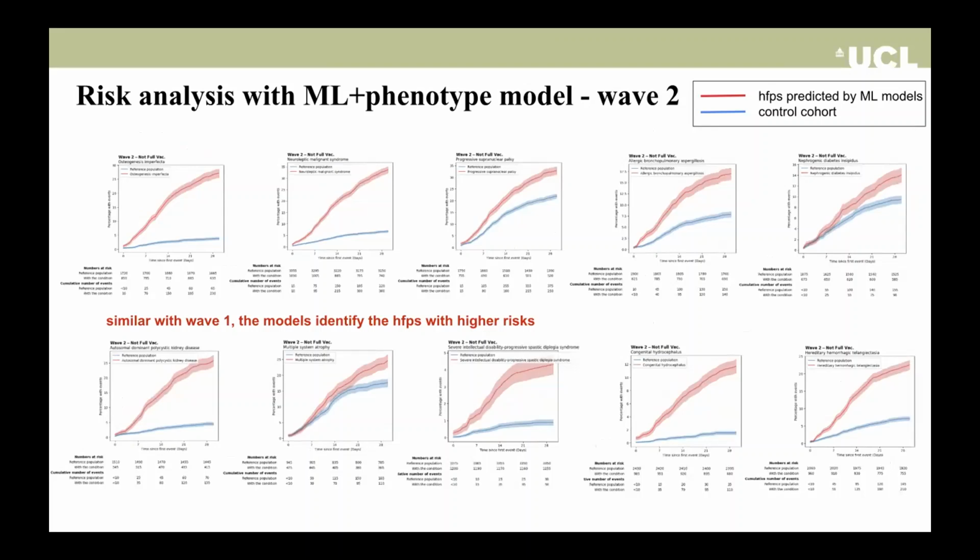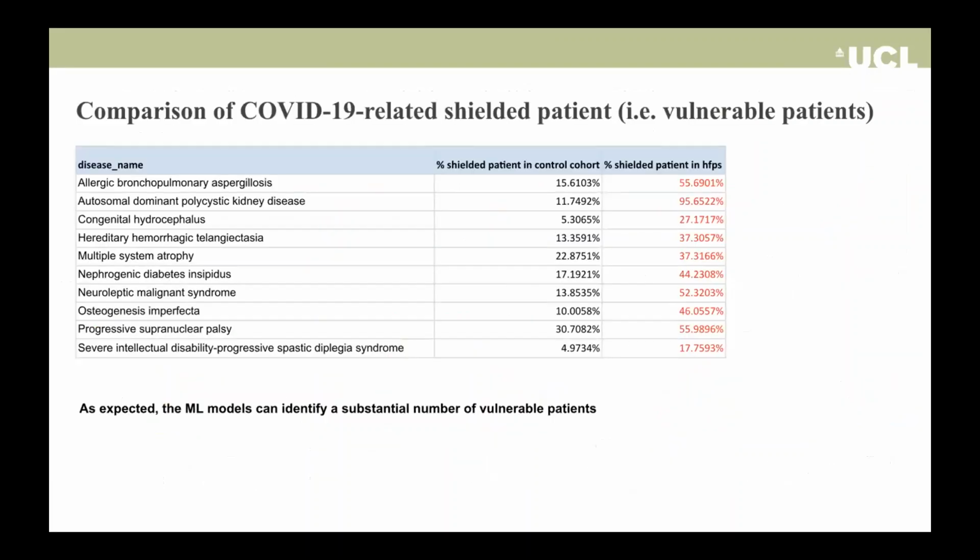So for the next slide, we have a further comparison of the shielded patients. The first column is the coverage of shielded patients in the control cohort, which is not considered as a high-risk patient from our machine learning models.